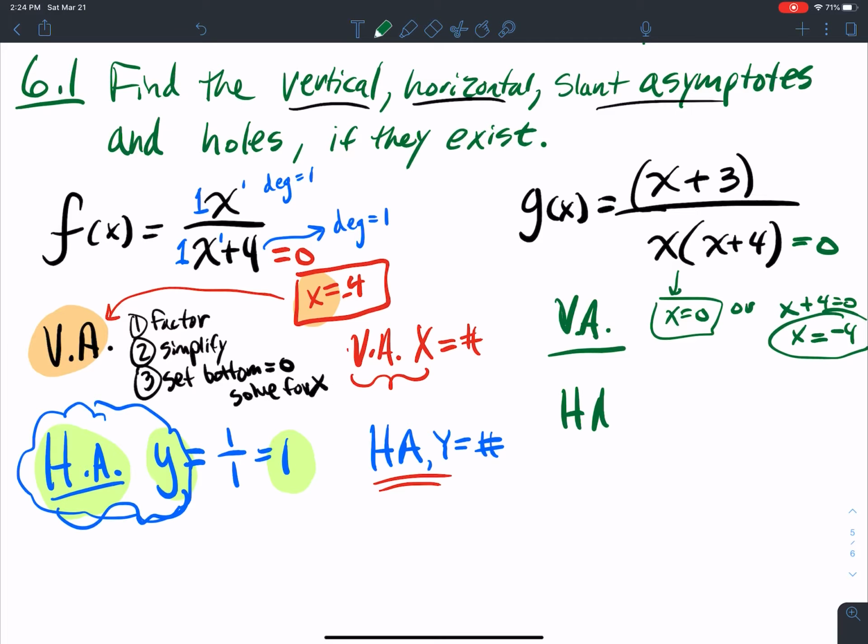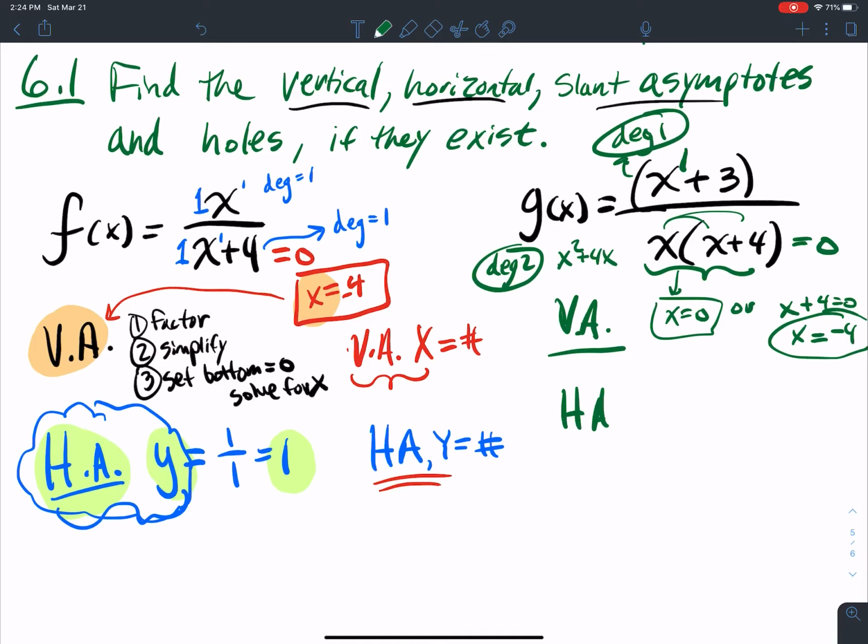Horizontal asymptote. Well, let's think about it. If I did multiply this through, I would get x squared plus 4x, right? Which is a degree 2 in the denominator. The degree in the numerator is just degree 1.